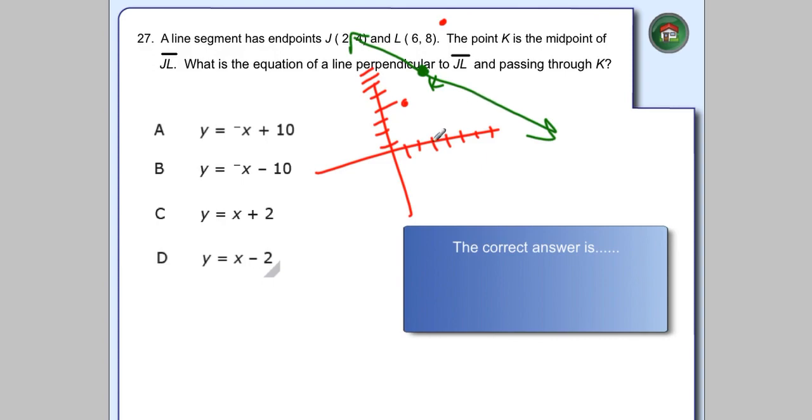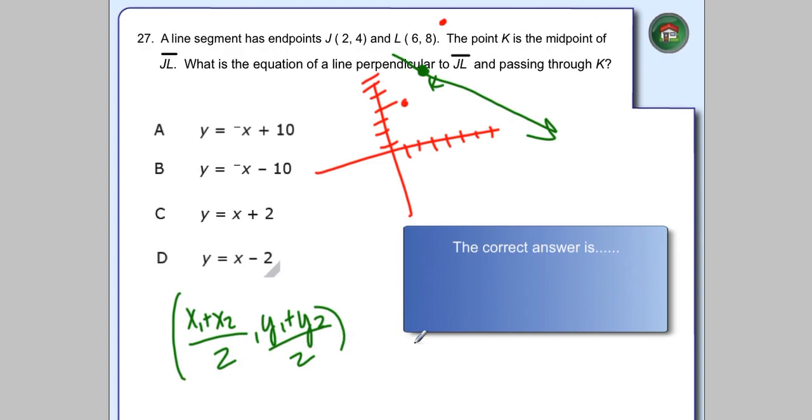So the first thing I need to do is find that ordered pair. And how you find the ordered pair of a midpoint is you add the x's together and add the y's together, and then you divide them by 2. So you're essentially taking an average of them.